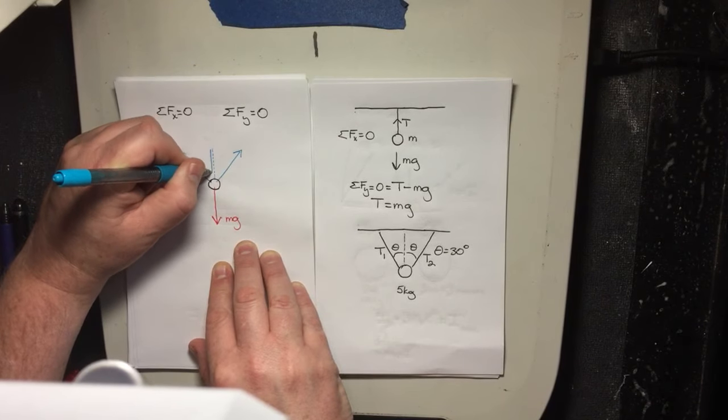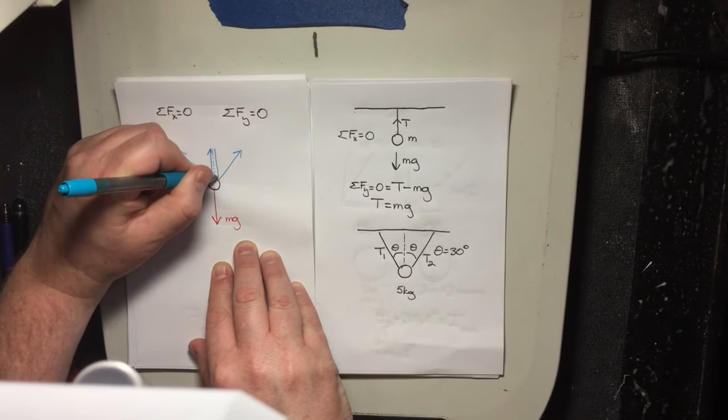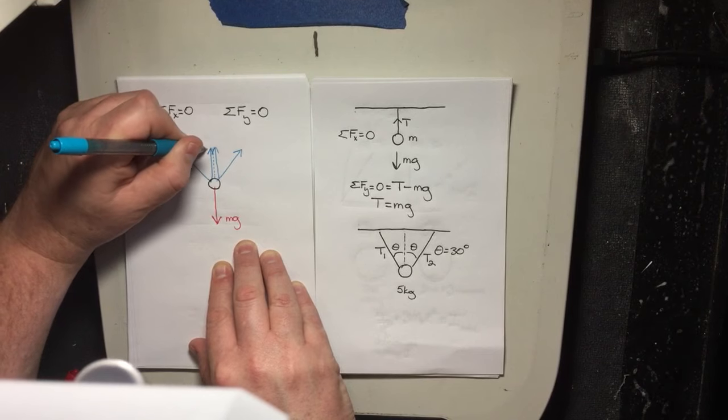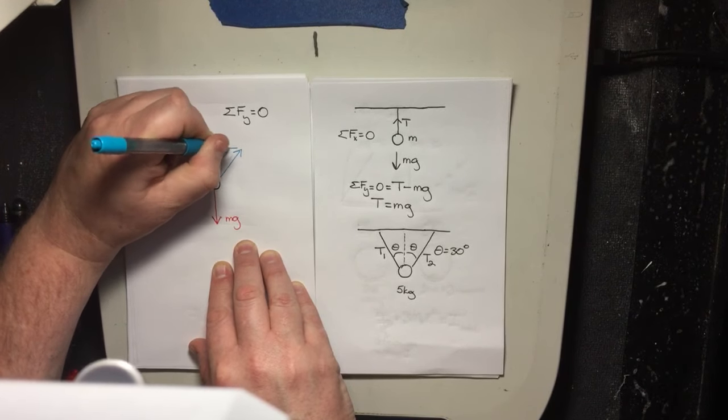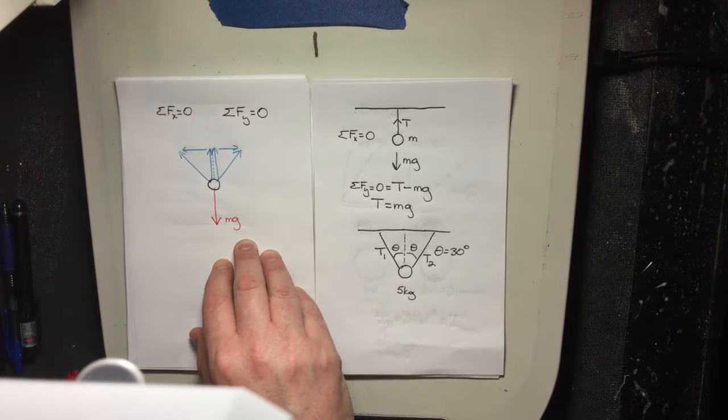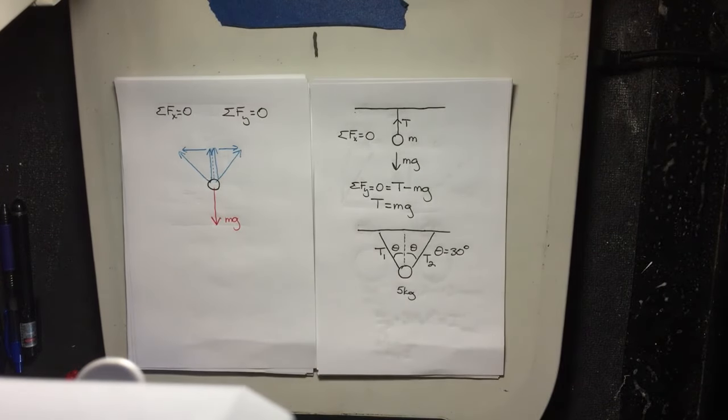Now, each of these forces, we need to break them down into component parts. Oh no, you're going to have to recall something from the beginning of the semester. Those force vectors are coming off at angles. So what you need to do is convert them into their horizontal and vertical components.